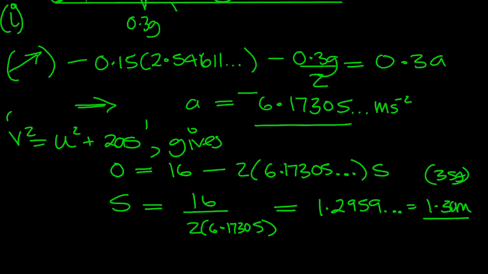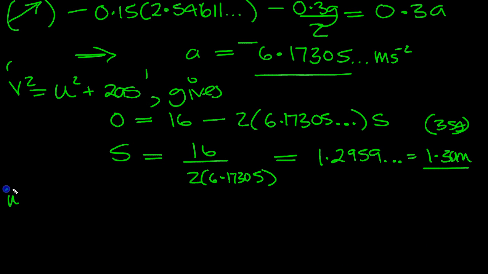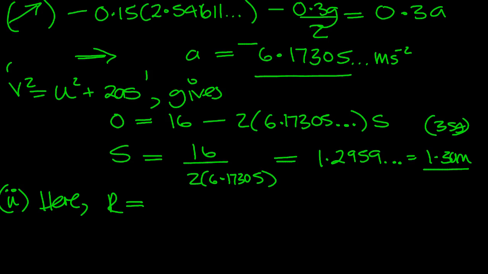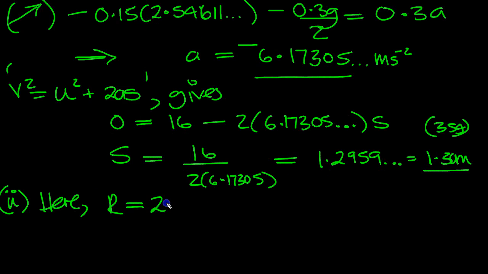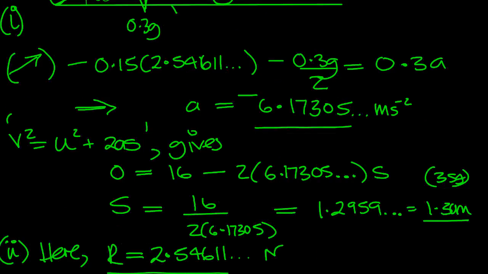So coming down the plane then, part 2. Here, R will still be the same. So I'm just going to copy that down. 54611 newtons. And that's the reaction force.